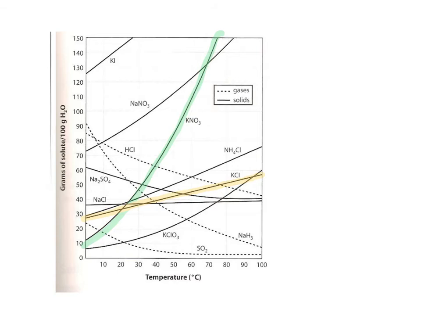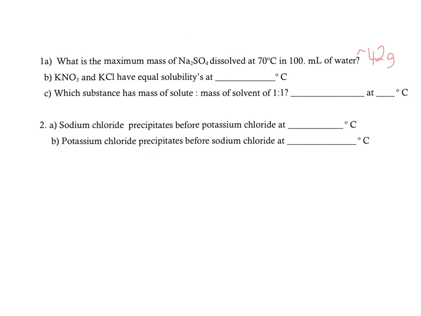At about 21 degrees Celsius. So potassium nitrate and potassium chloride cross at about 21 degrees Celsius, so equal solubility at 21 degrees Celsius.